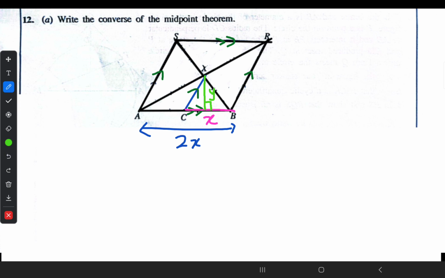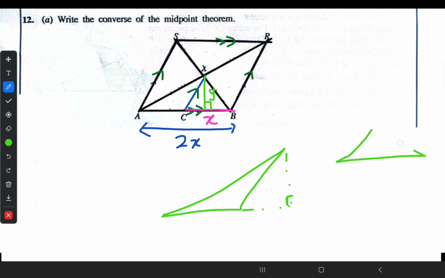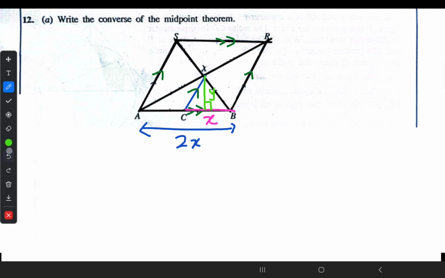Since it is an obtuse triangle, the perpendicular height should be located outside of the triangle. If it is an acute triangle, the perpendicular height is inside. If it is a right triangle, the perpendicular height is one side. If it is an obtuse triangle, the perpendicular height is located outside of the triangle.